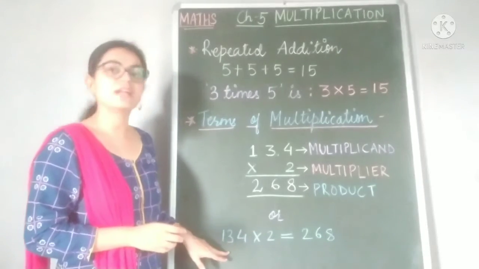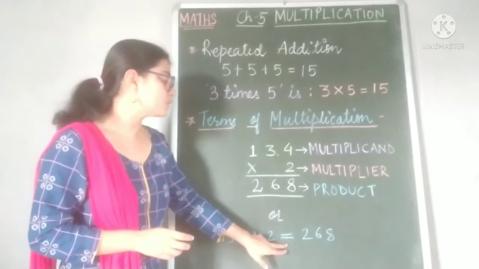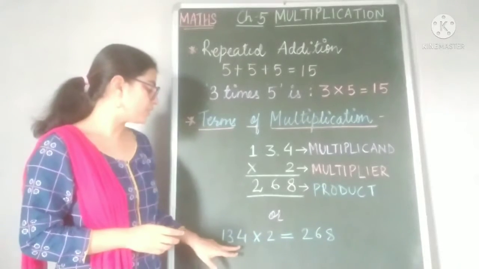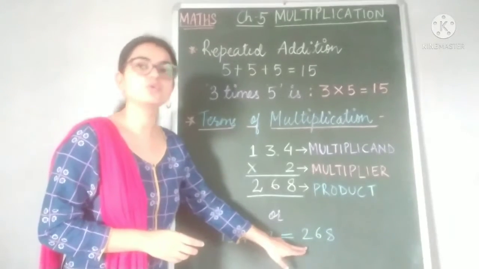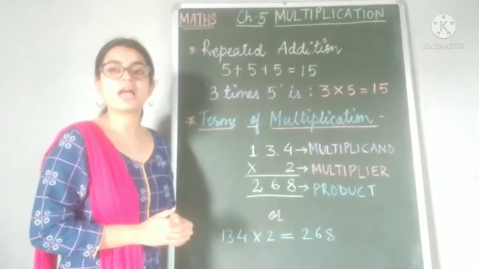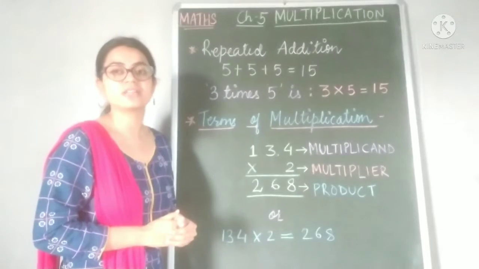It is also read as 134 into 2 equals 268, or 2 times 134 is equal to 268.